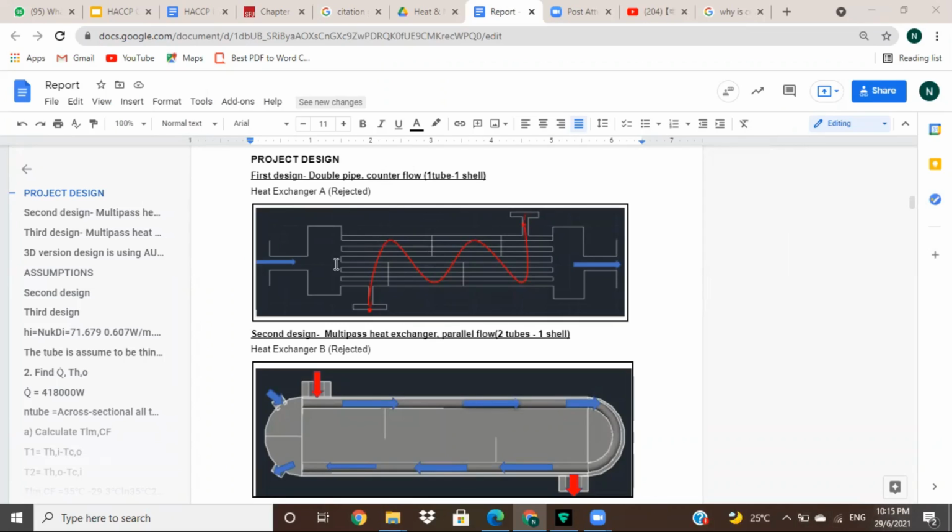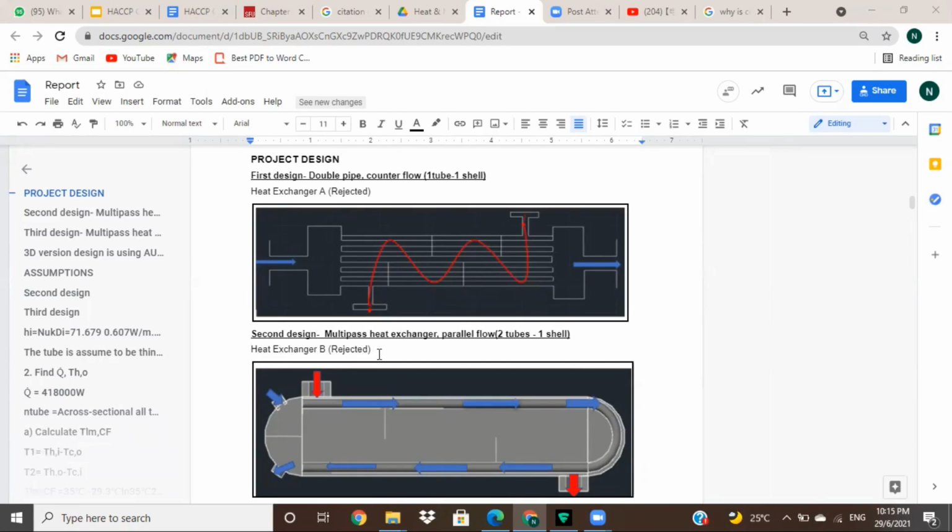The first design is a double pipe counterflow, with one tube and one shell, and we have to reject this heat exchanger because it is not suitable: after the calculation, its length is more than 2.5 meters, which is more than what the question asks. It does not meet the requirement.